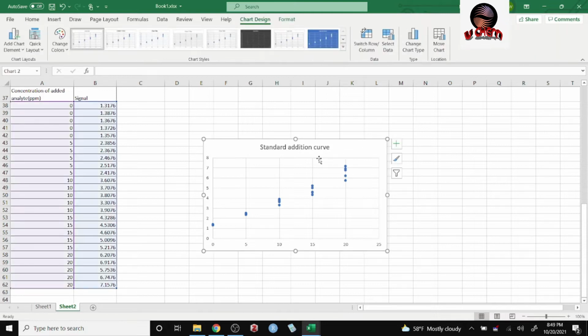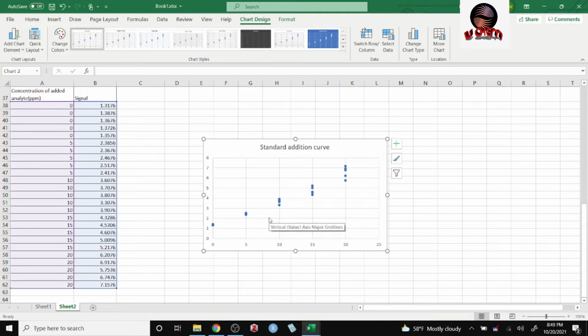I want to tell you guys why we need to do standard addition in some instances. If you have a very low analyte concentration in your solution, then you need to go for the standard addition calibration curve and standard addition method.